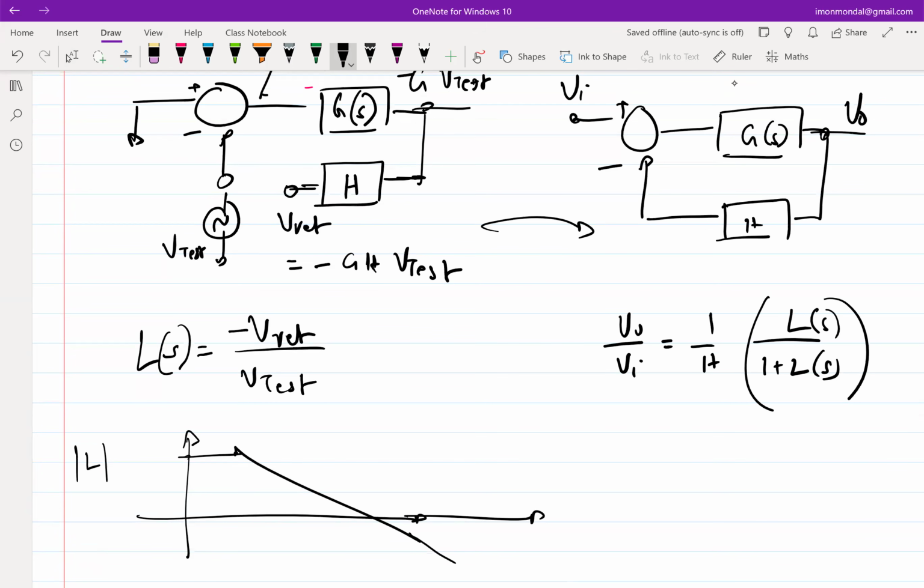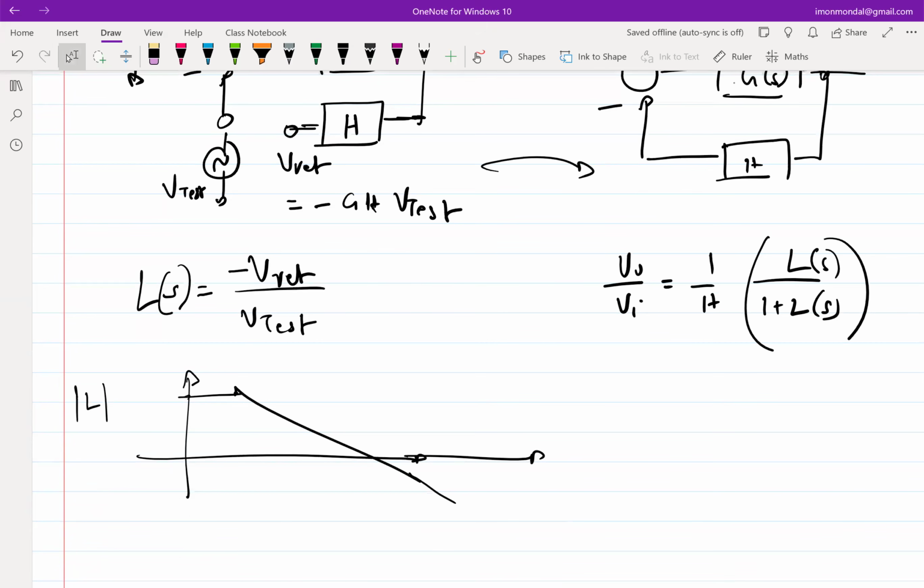And I'm sure you know that if L of S, let's say I give you that L of S has real poles at P1, P2, P3. Where are the poles of 1 plus L of S? Do you think it is easy to find, or is it mathematically a slightly difficult job?